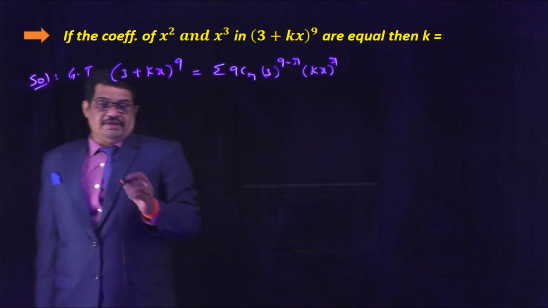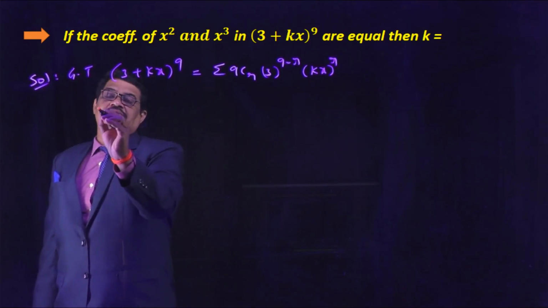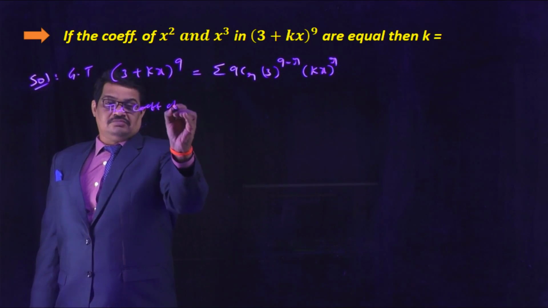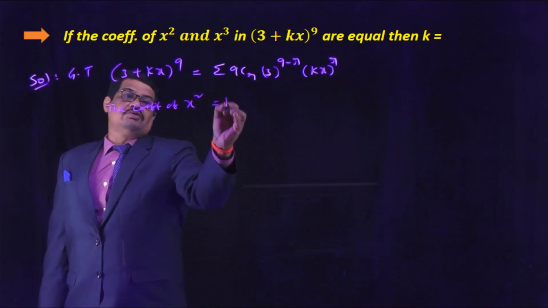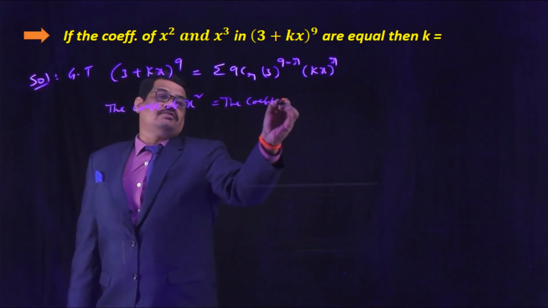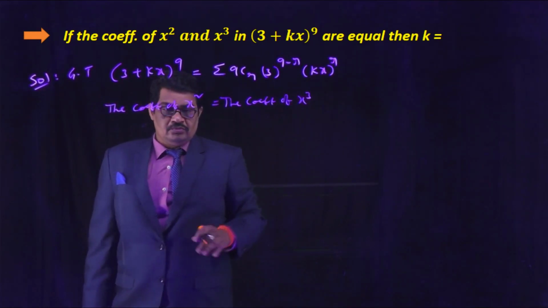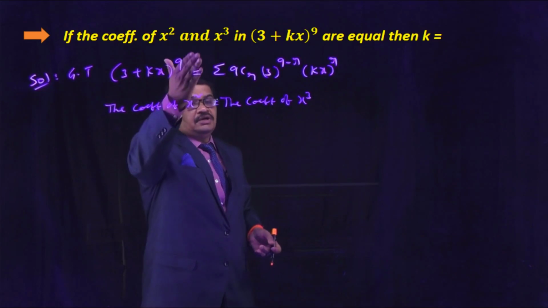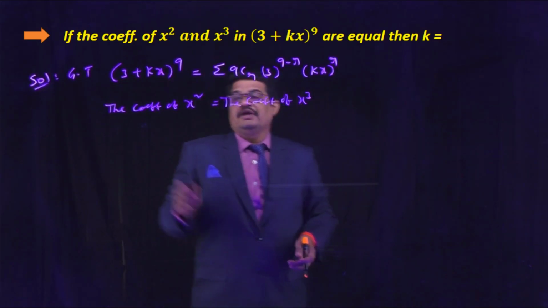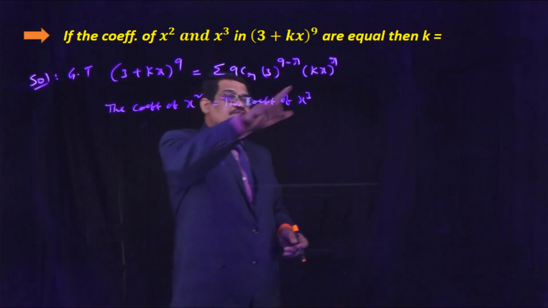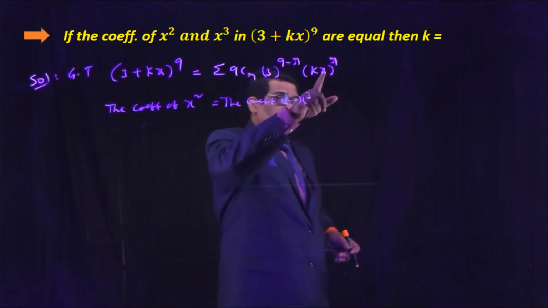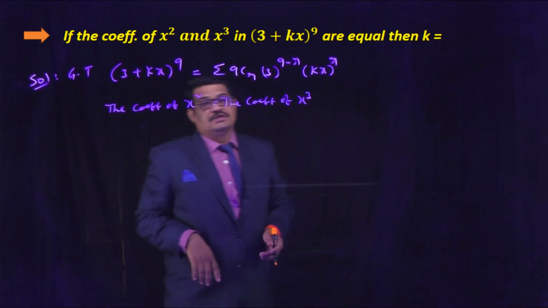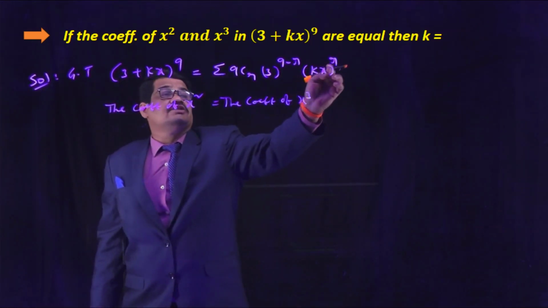Given that the coefficient of x square is equal to the coefficient of x cube in the given expression. Now we are writing the coefficient of x square. We take r is equal to 2.